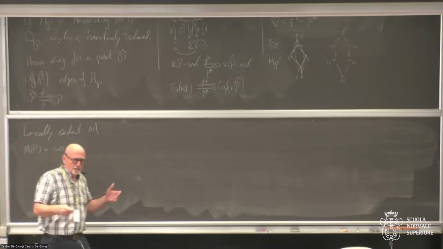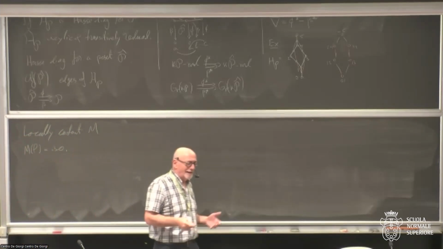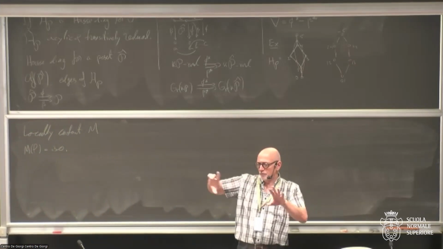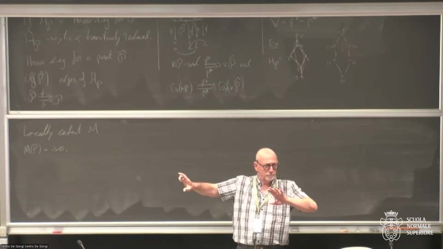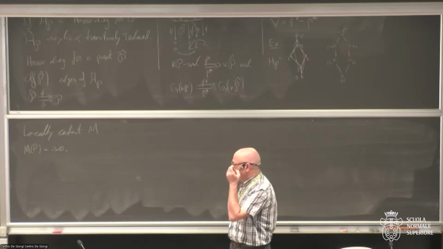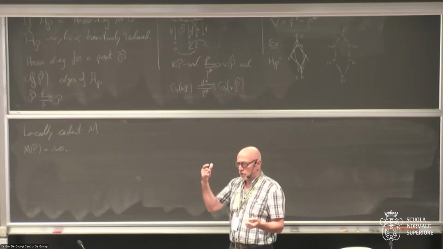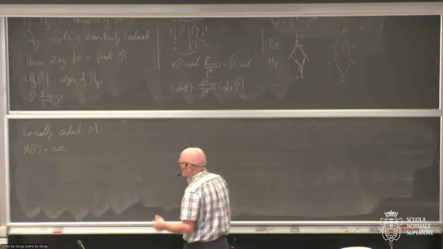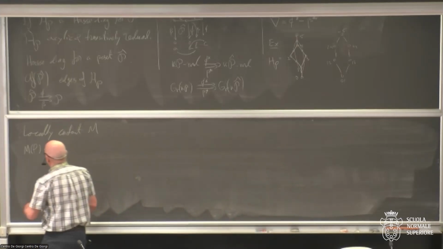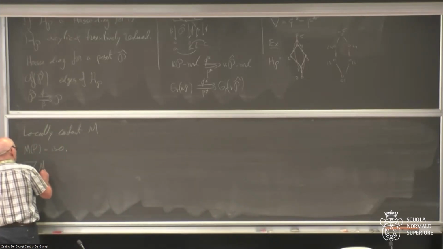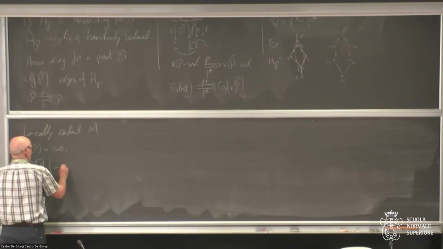This is not only for this particular context, but for any module over any category. So M from C to vector spaces, or to any other category if you wish, is locally constant if every morphism is taken by M to an equivalence in that category. Okay. So in our case, if M is locally constant, then it's not difficult to see that nabla of the class of M is equal to 0.